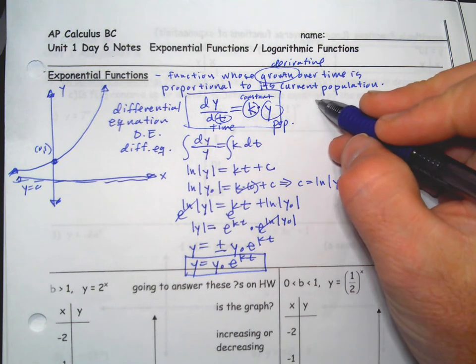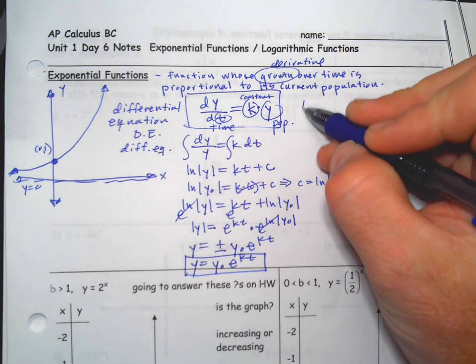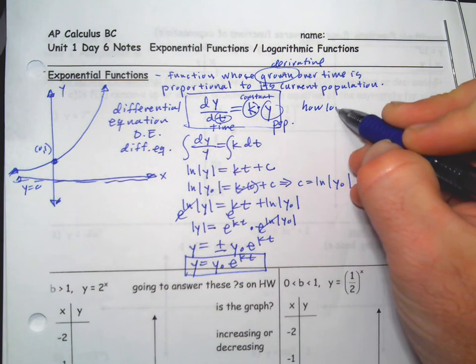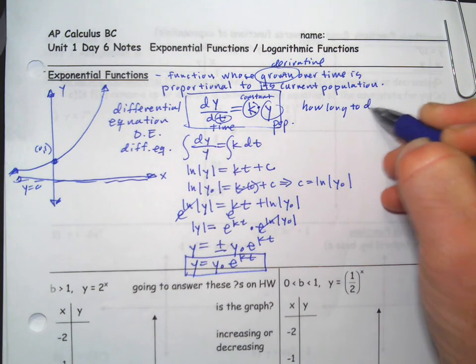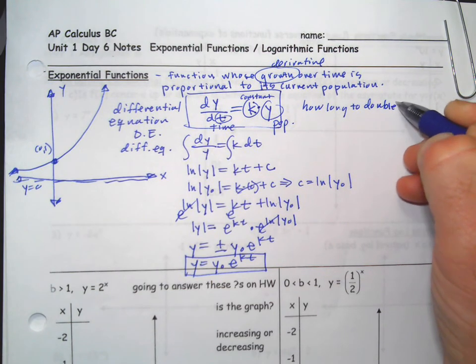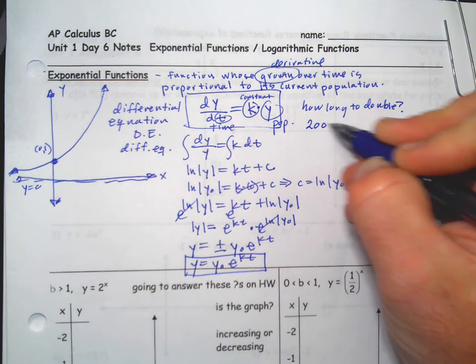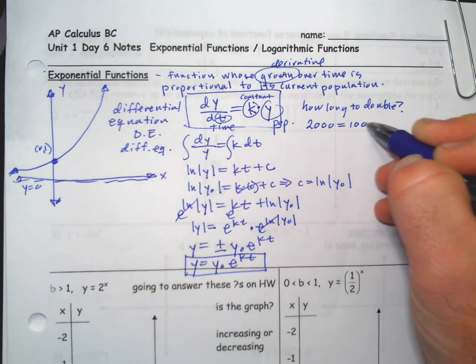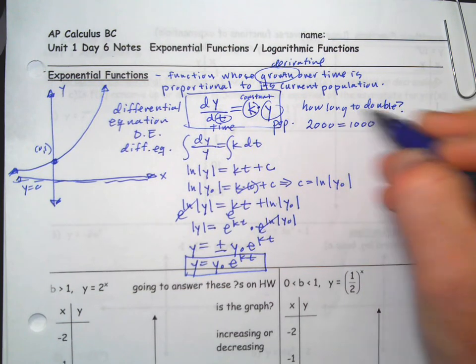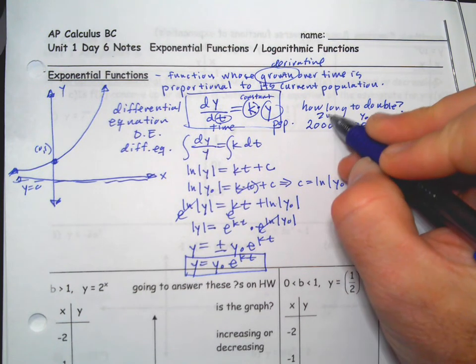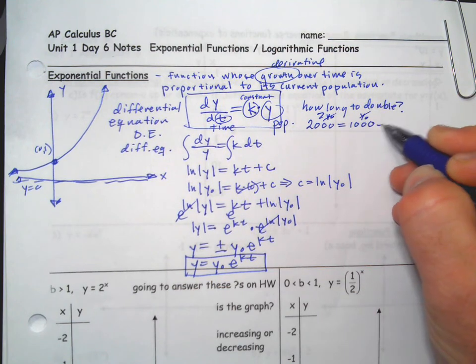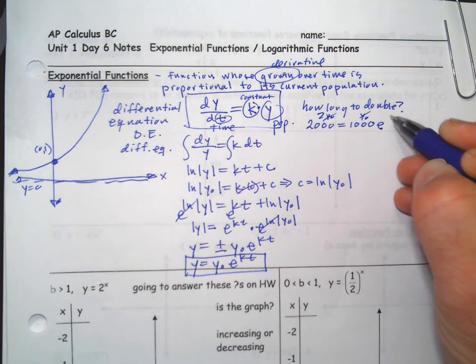Some other questions we could ask: how long to double the population? So that's doubling time. So you could take, let's say we start with 1,000, then doubling would be at 2,000. Now you could just do y naught and 2y naught, and the y naughts would cancel each other out when you try to solve for the doubling time.